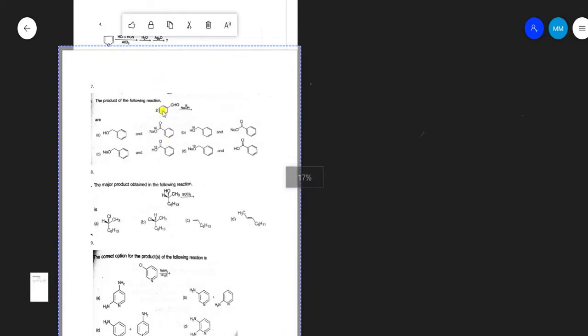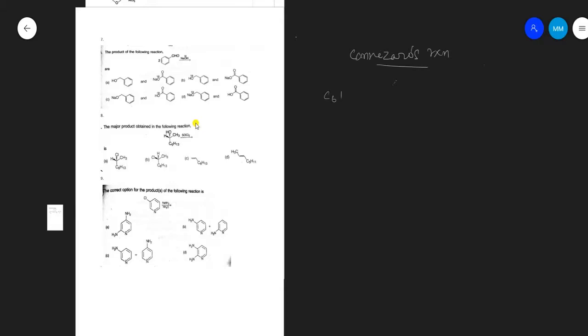It is the typical Cannizzaro reaction. That is, benzaldehyde is treated with NaOH, where the OH is enriched with oxygen. So it is the basis of the Cannizzaro reaction. What is the Cannizzaro reaction?